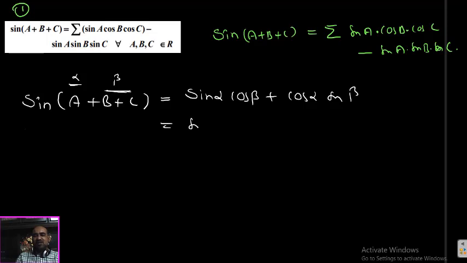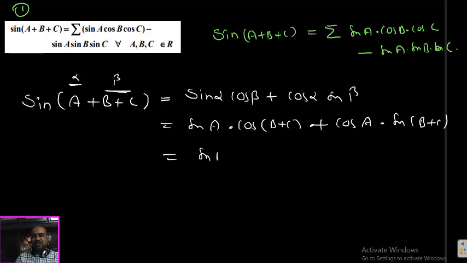Sin alpha means A only, beta means I can write B plus C, plus cos A into sin beta, means B plus C. Okay students, again sin A into cos of B minus C, cos B cos C minus sin A sin B sin C, sin B sin C.